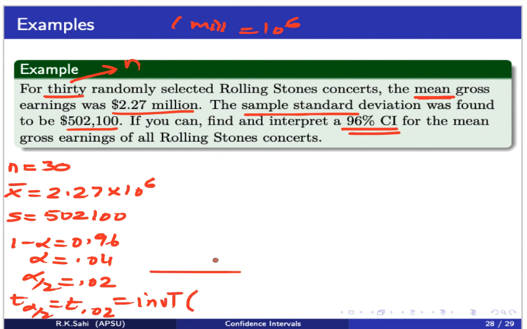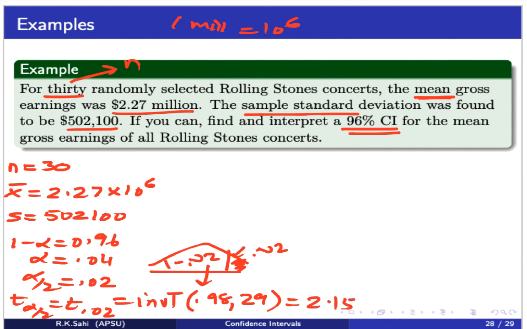Now remember, we need to make our little bell-shaped curve. This is 0.02. That means this is 1 minus 0.02, which is 0.98. Degrees of freedom is 1 less than the sample size, 29. And we get this value to be 2.15. Okay? Now, we just have to plug in the formula. The formula for the confidence interval: sample mean plus minus T alpha by 2 times s over square root n.